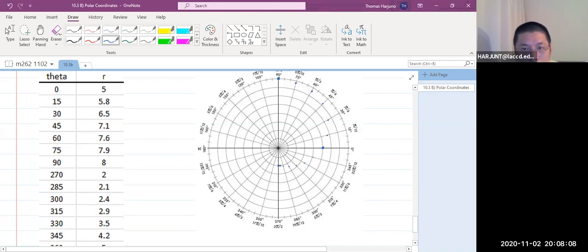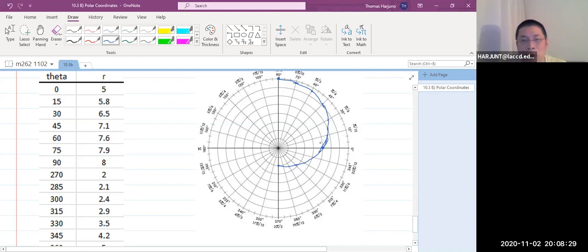So it looks approximately like this. That's what it looks like.